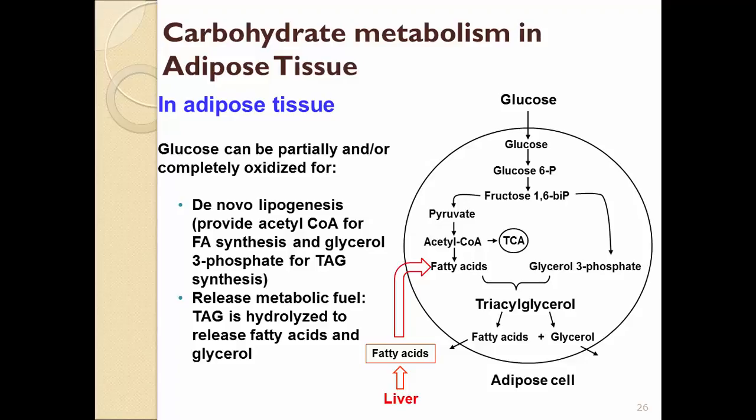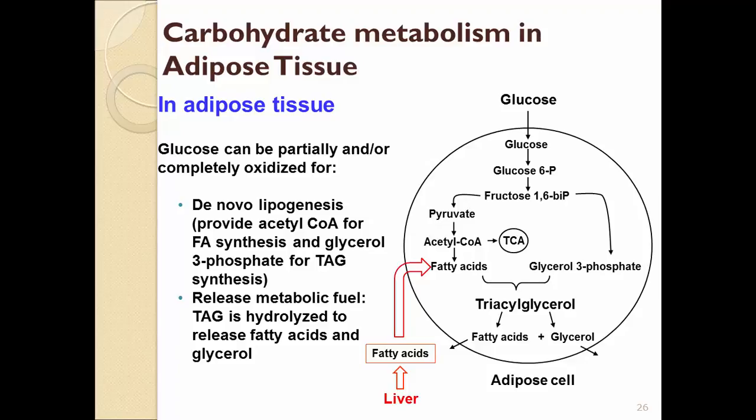And the glucose can also be metabolized and just stop at this stage, glycerol 3-phosphate. Glycerol 3-phosphate is the backbone of the triglyceride, remember, right? So this is the important substrate for the synthesis of triglyceride.